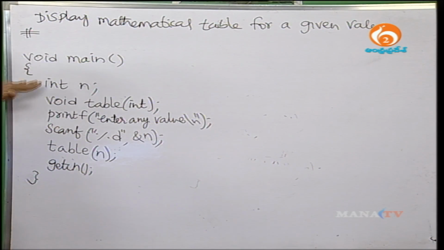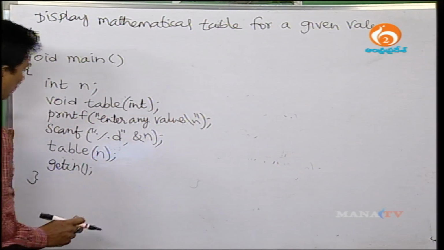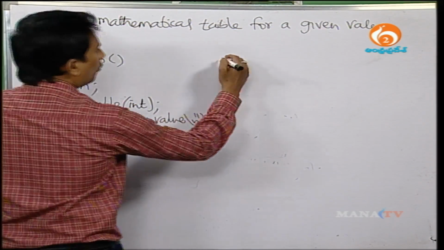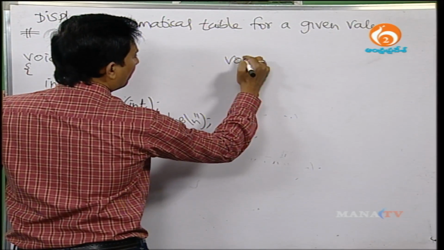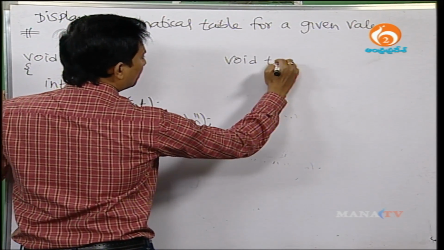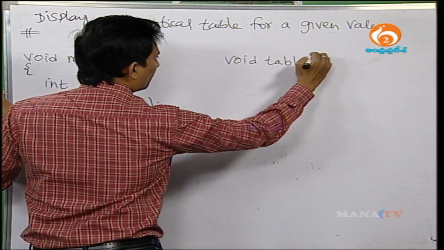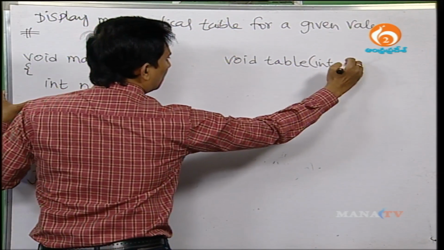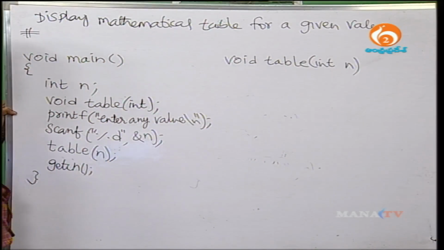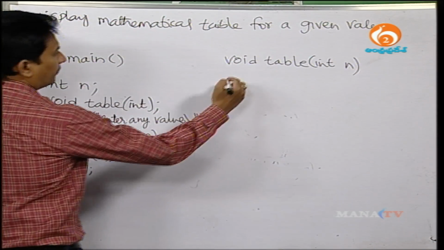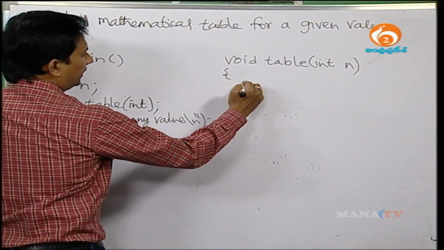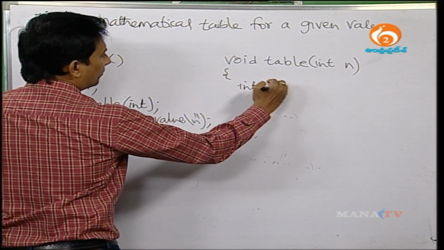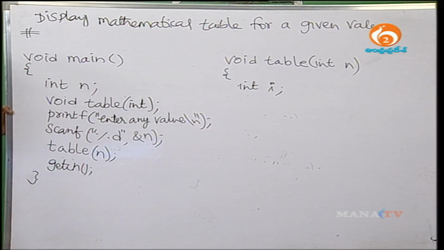Next, this is the calling function; now we have to write the called function, that is void table. This is the function heading, int n. Next int i.